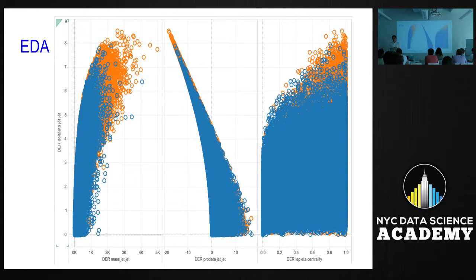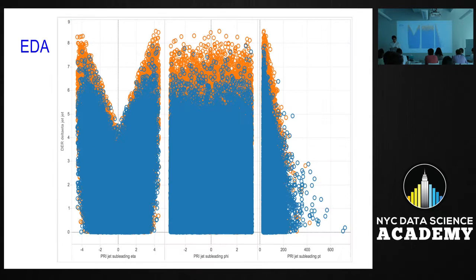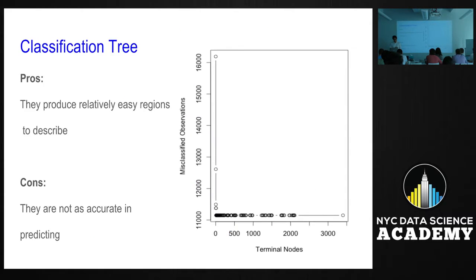They were given in the data set. Next, we also want to look at some scatter plots between a derived variable and some primitive variables. So moving on with the first model, the classification tree.